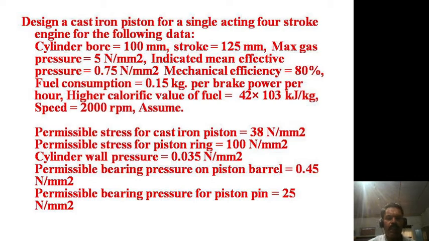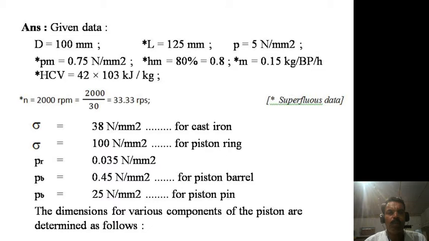Permissible stress for piston ring is 100 Newton per mm square. Cylinder wall pressure is 0.035 Newton per mm square. Permissible bearing pressure on piston barrel is 0.45 Newton per mm square. Permissible bearing pressure for piston pin is 25 Newton per mm square. So this is the actual problem statement.